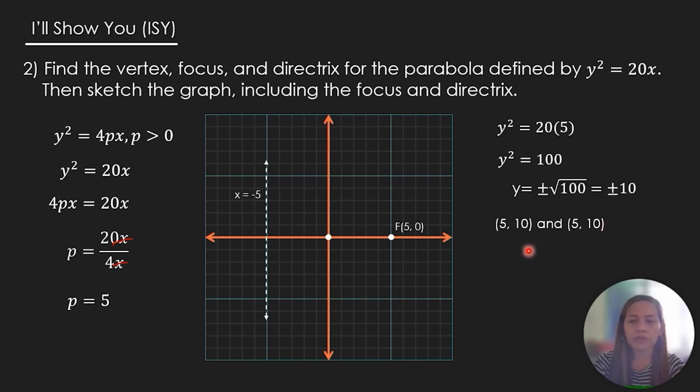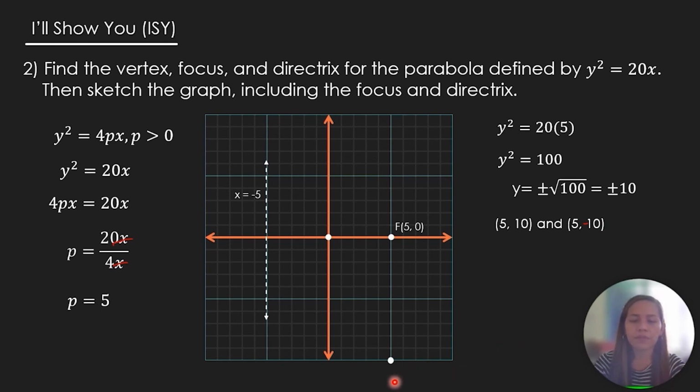And so we have 2 points here, (5, 10) and (5, negative 10). I forgot to write the negative, so let me put it there. So we have (5, 10) and (5, negative 10).